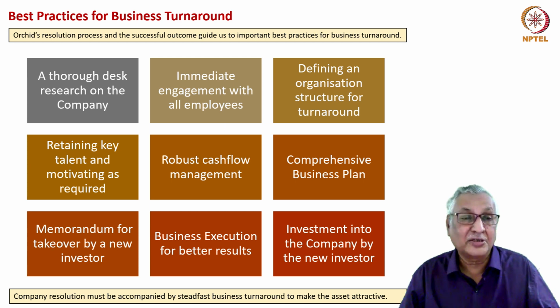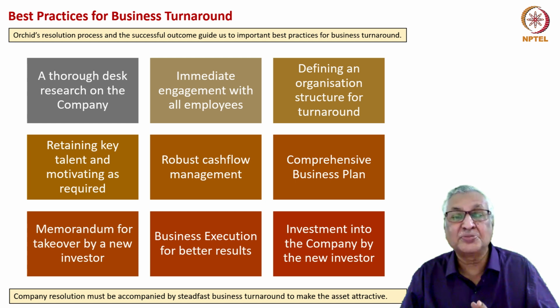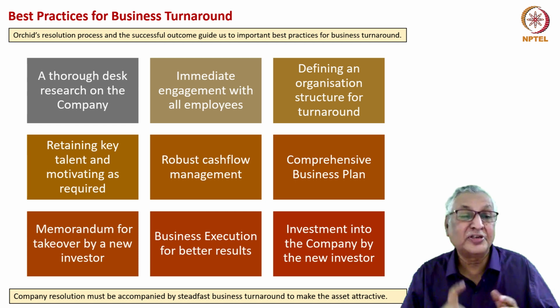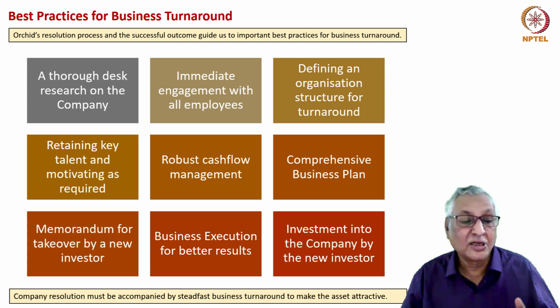The case study of Orchid provides us several lessons on the best practices for business turnaround. A thorough desk research on the company, immediate engagement with all employees, defining an organization structure for turnaround, retaining key talent and motivating as required, robust cash flow management, comprehensive business plan, memorandum for takeover by a new investor, which brings out all the strengths, which brings out how the weakness will be addressed, which details the opportunities and provides a risk mitigation plan.